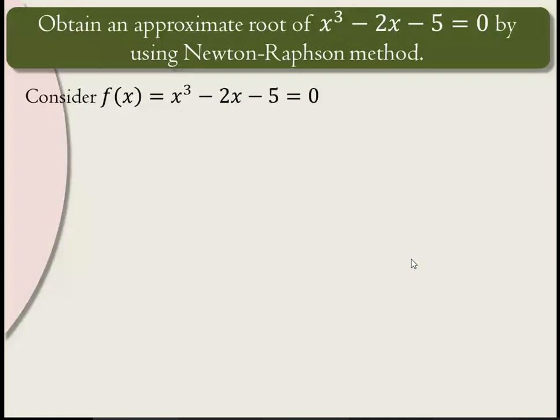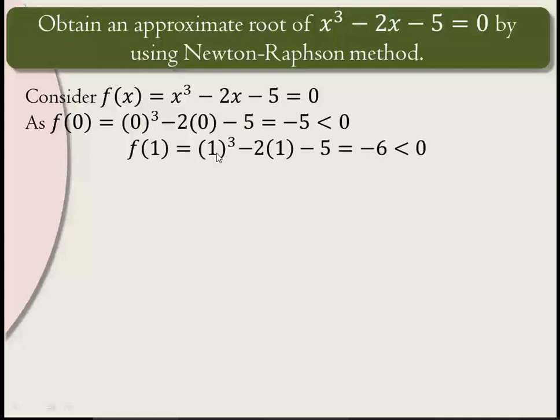Check the value of the function at 0, plus 1, minus 1, plus 2, minus 2, different points. f of 0 is 0 cubed minus 2 into 0 minus 5, that will be minus 5, which is negative. You can try with any value, plus 1 or minus 1. f of 1 is 1 cubed minus 2 into 1 minus 5. It comes to be minus 6.